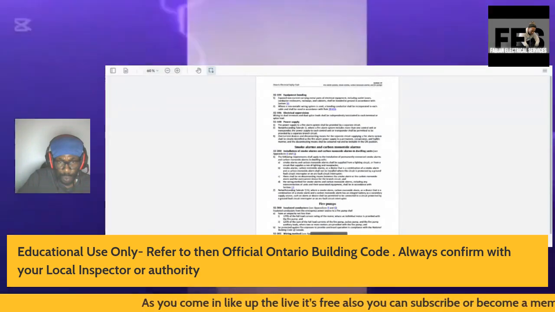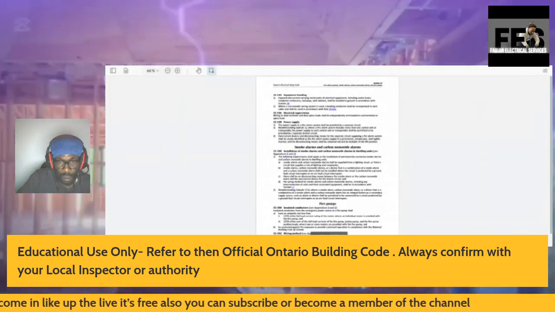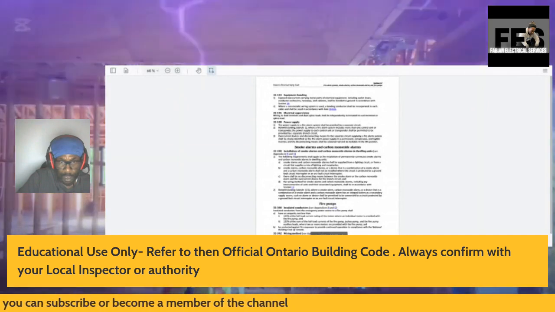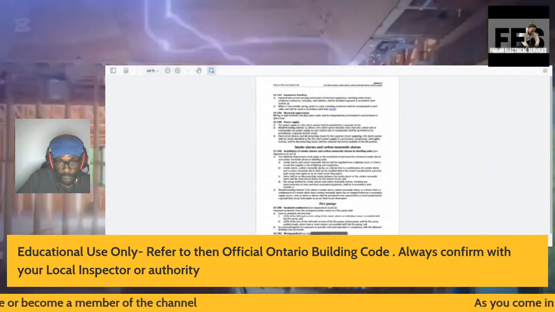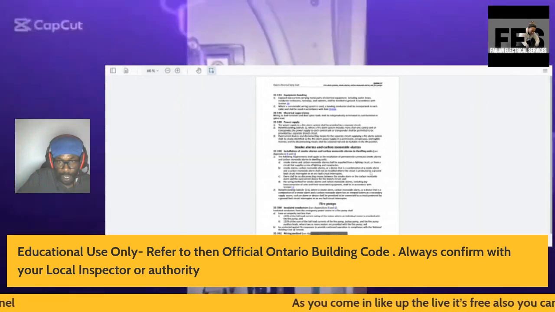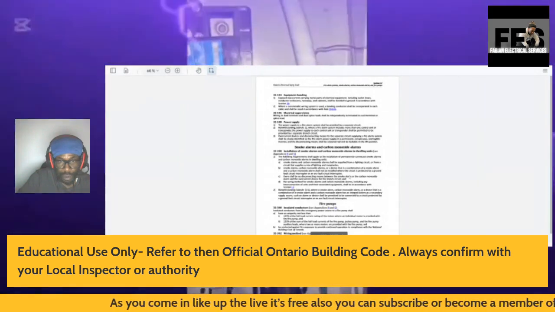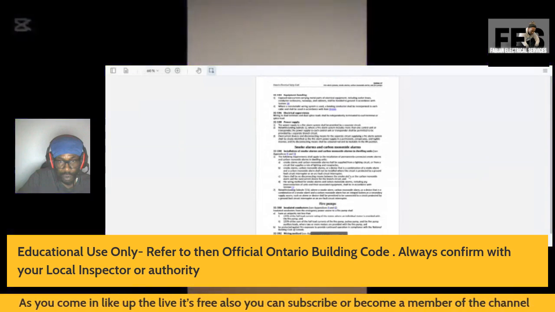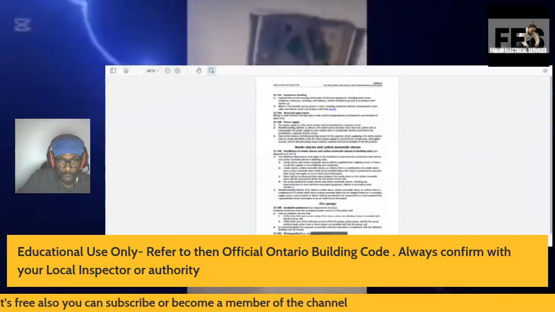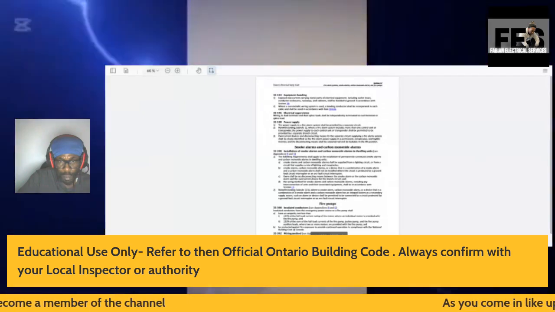So smoke alarms, carbon monoxide alarms, or a device that is a combination of a smoke alarm and a carbon monoxide alarm, shall not be installed where the circuit is protected by a ground fault circuit interrupter or an arc fault circuit interrupter. A ground fault circuit interrupter is basically your GFI, and an arc fault circuit interrupter is the actual arc fault breaker.